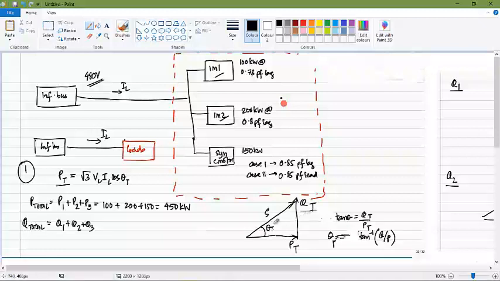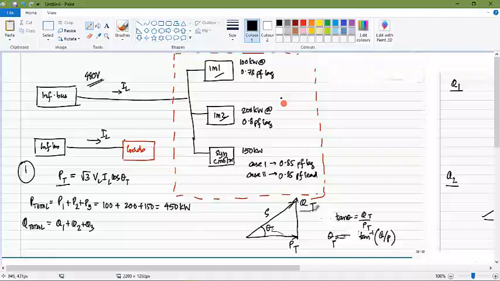In the power triangle, the hypotenuse is the apparent power, the opposite is our reactive power, and the adjacent is our real power. So if we know the total real power and total reactive power, we can easily find our total theta.